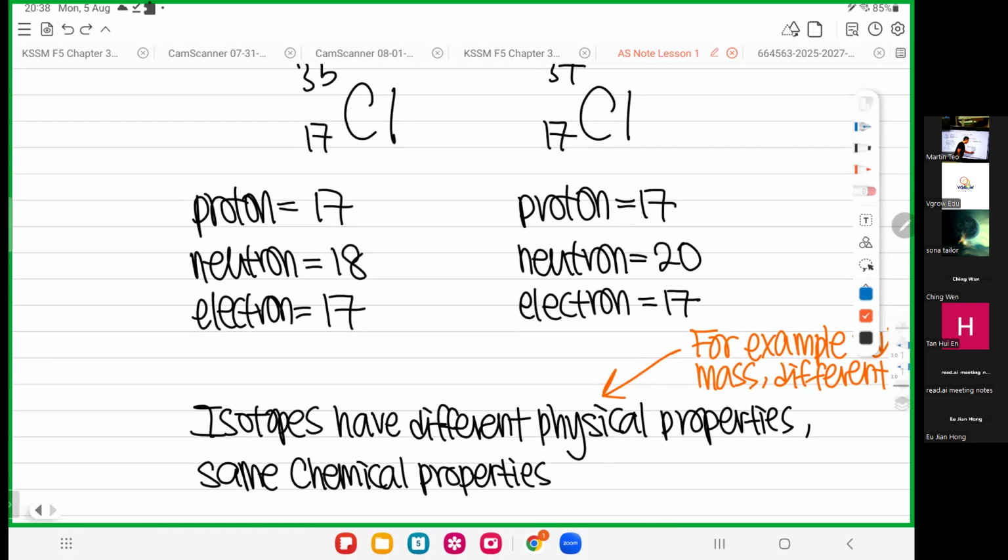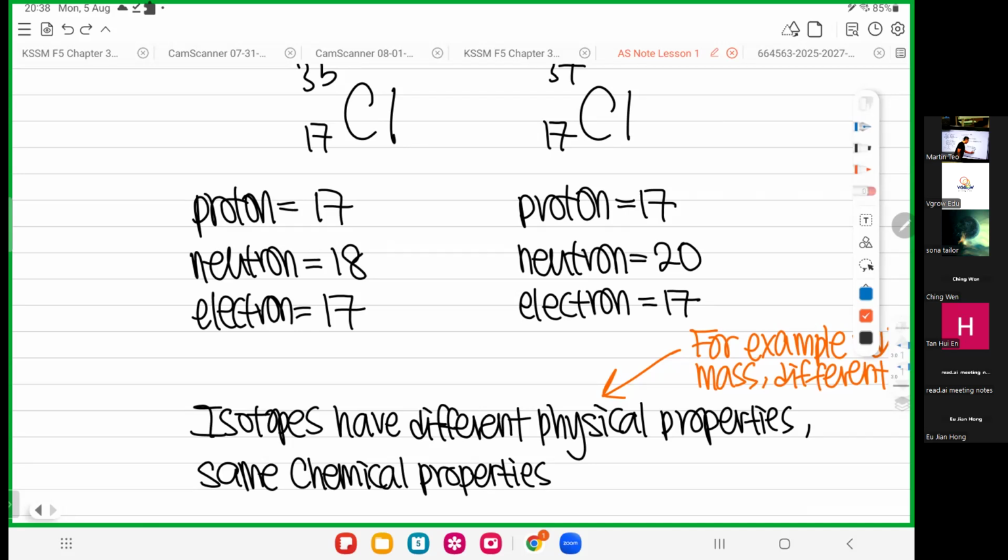What are physical properties, everyone? Physical properties refer to those observable properties, those characters that you can observe. For example, melting point, boiling point, density, electric conductivity, color. All these are physical properties. So what are chemical properties?